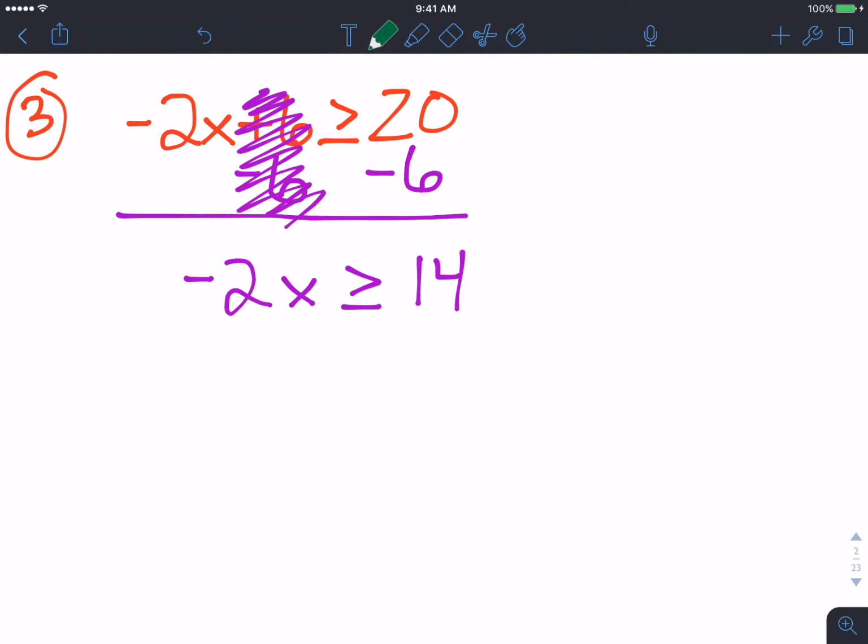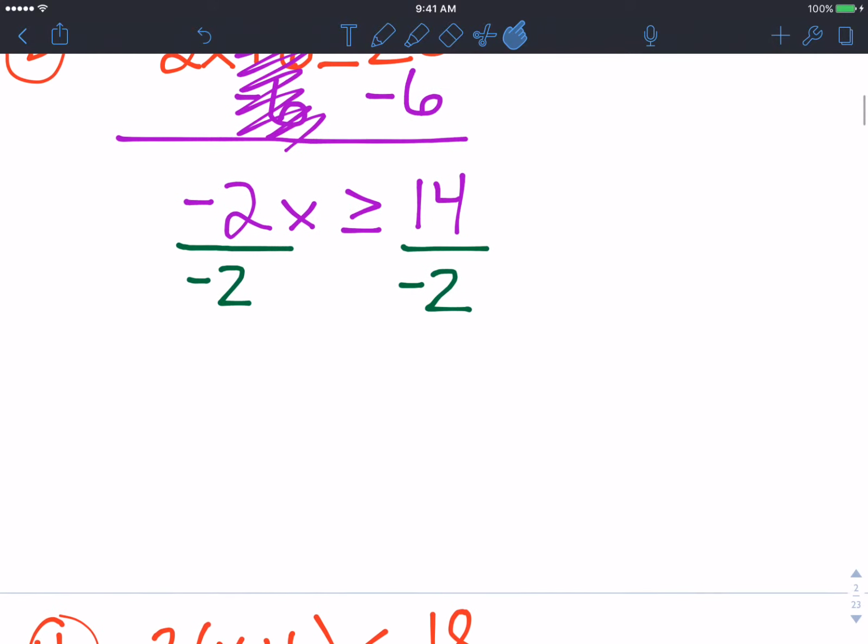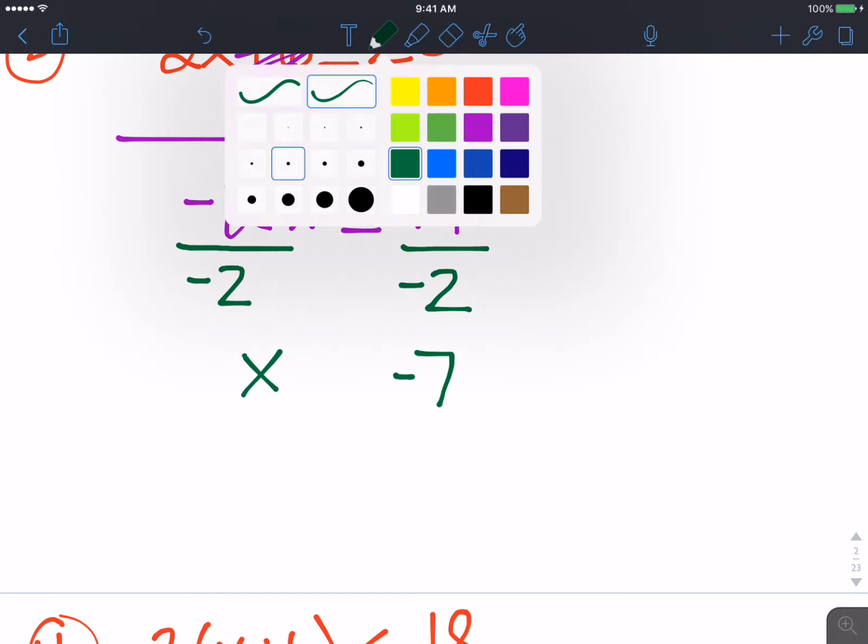Next, you got to get rid of this negative 2 that's being multiplied, so you divide by negative 2. And what happens is you get x over here, and 14 divided by negative 2 is negative 7.